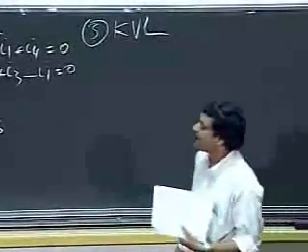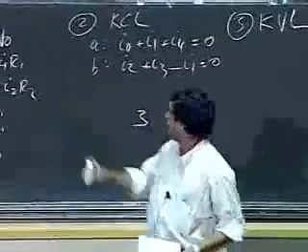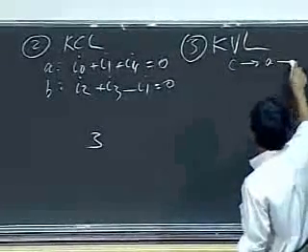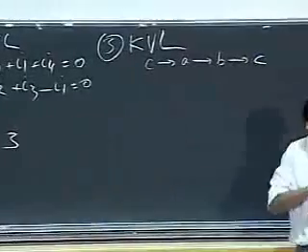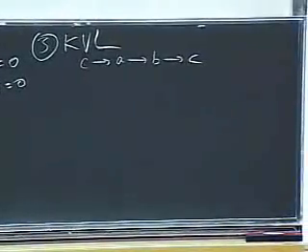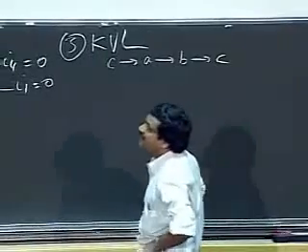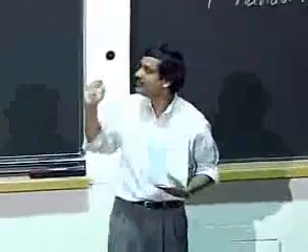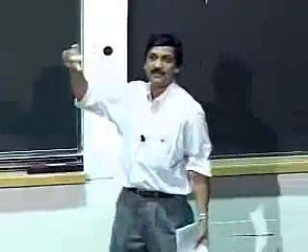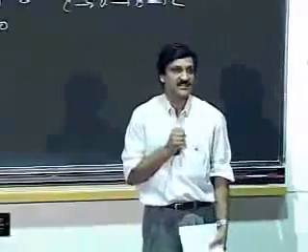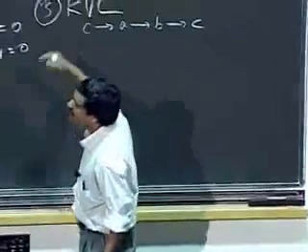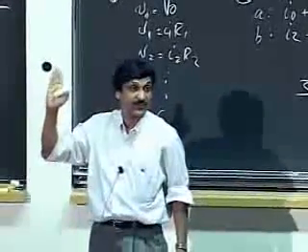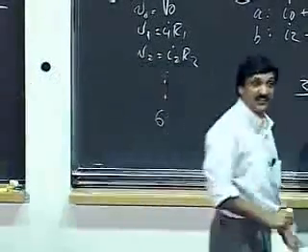So for KVL, let's say I start at C, and from C I'm going to go to A, from A I'm going to B, and from B I'm going to come back to C. That's how I traverse my loop. The trick that I'm going to follow is, as my finger walks through that loop, I'm going to label the voltage as the first sign that I see for that voltage. So when I start from C and I go up, I punch into the voltage source element, and I hit the minus sign for the V0.